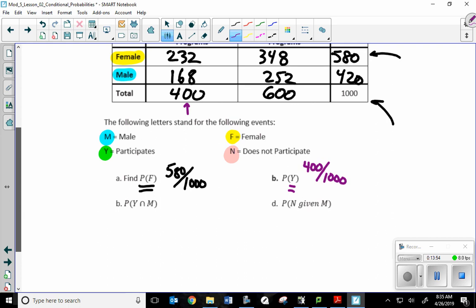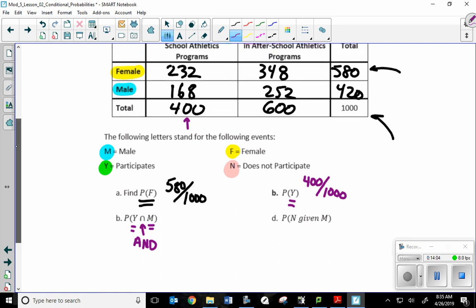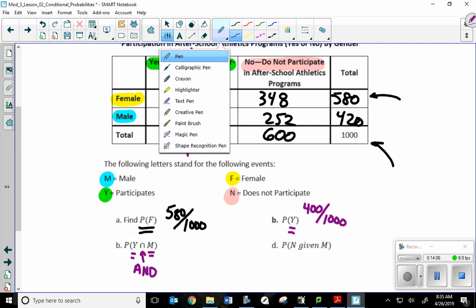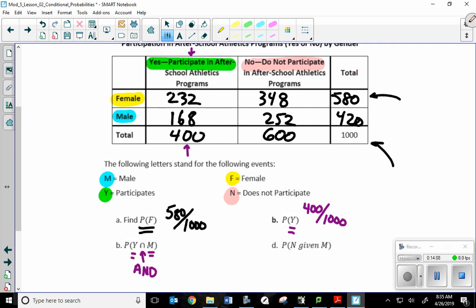Now, participates in after-school sports and is a male. I need both of those. So what I'm going to do is get my highlighter again. And I'm going to say, okay, here's the male column. Here are the people that participate in sports. I want both.